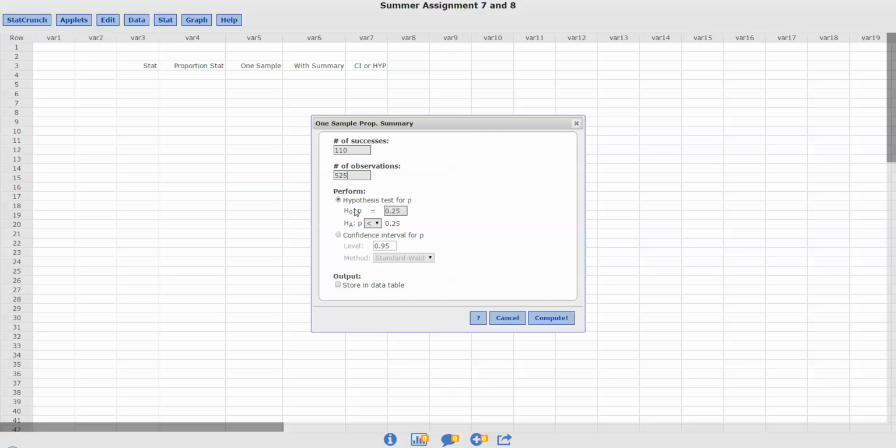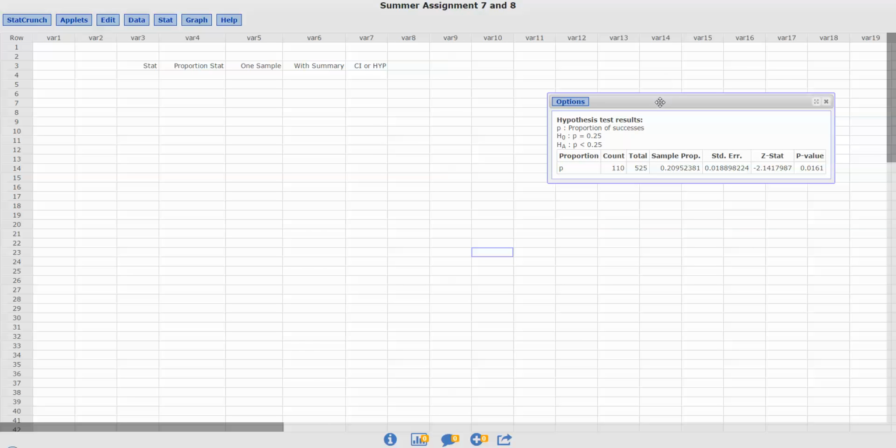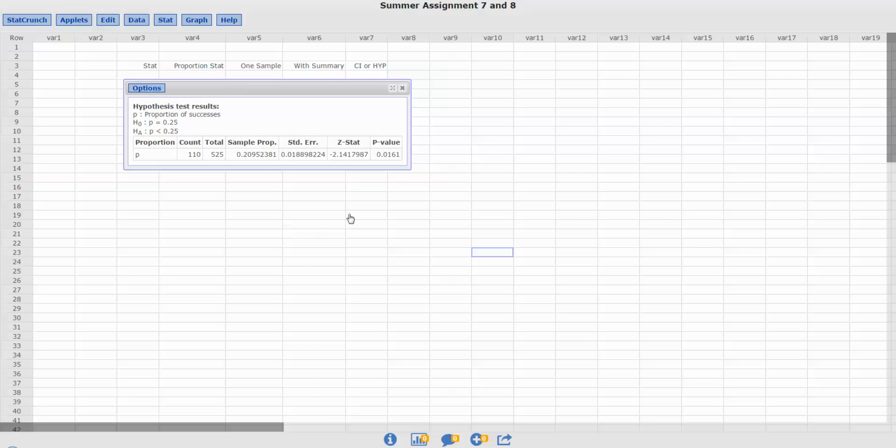As far as a hypothesis test goes, we will compute, and we get a z-score of negative 2.14 and a p-value of 0.0161. So basically, about 1.6% of the time we would see values like this according to random chance alone.